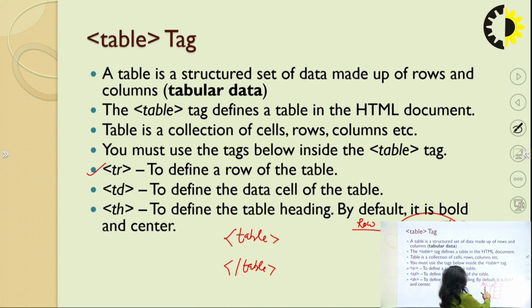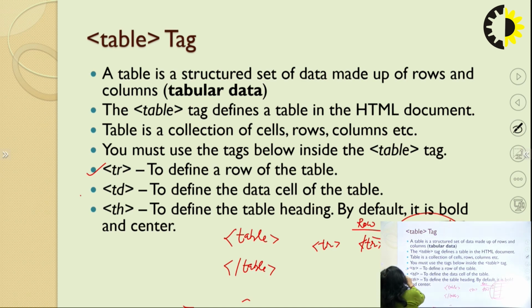If you want to add one row in a table, you must use the tr tag along with the closing tr tag. If you want 2 rows, then 2 tr tags. So, as per your requirement, you can add n number of rows in your table.